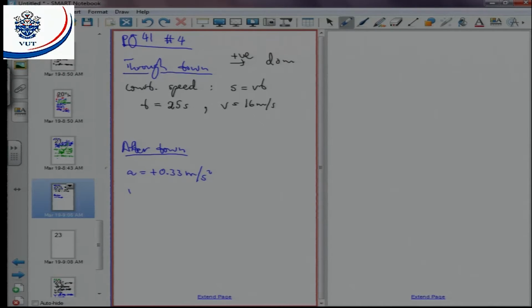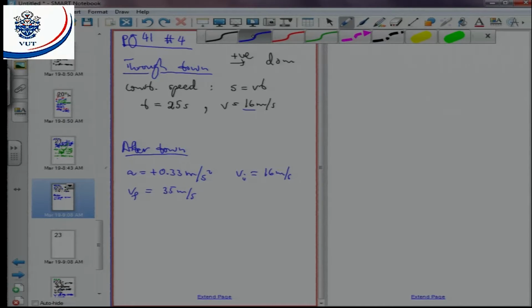It's positive because the final speed is larger than the initial speed, so the final speed is 35 meters per second. If before, after town it was moving at 16, that means the initial speed was just 16 meters per second, not second square.